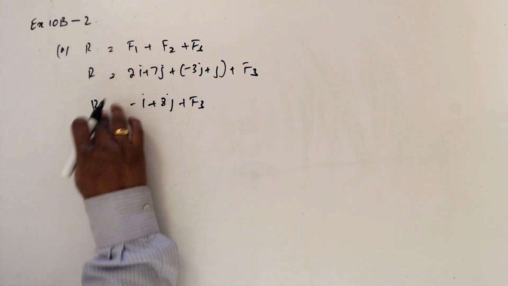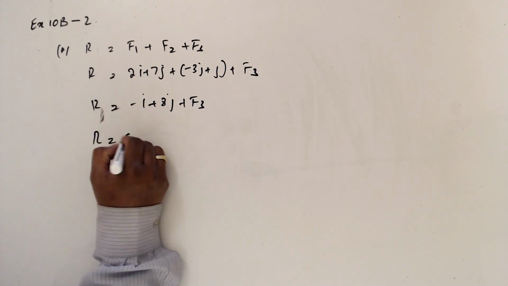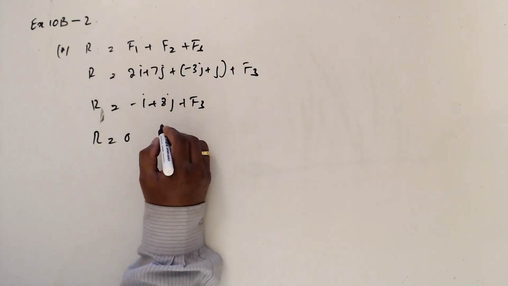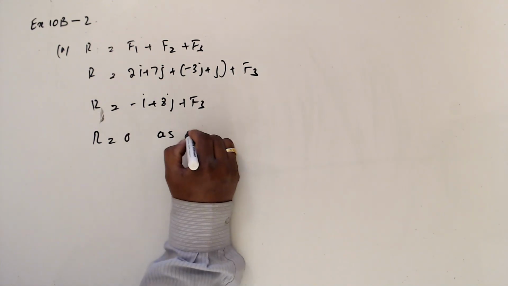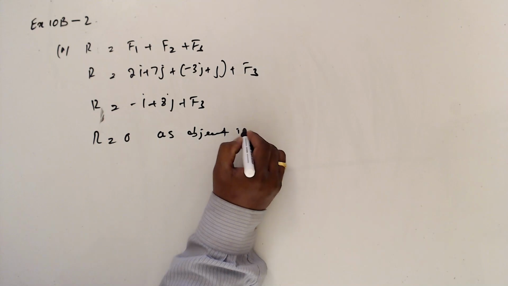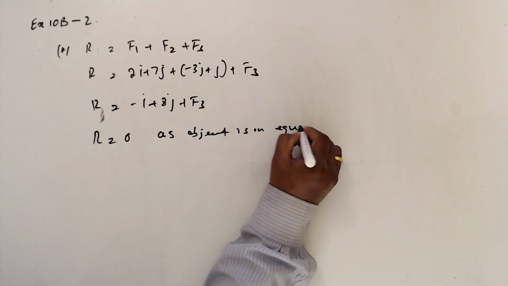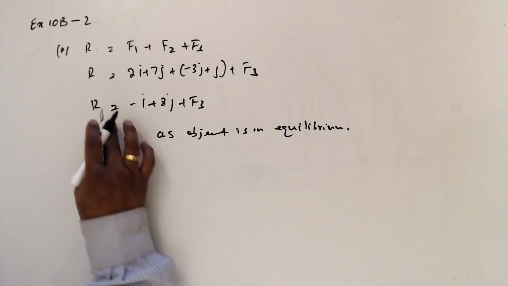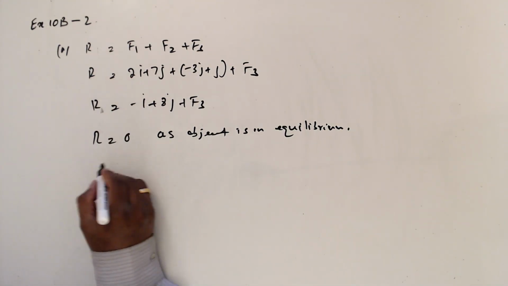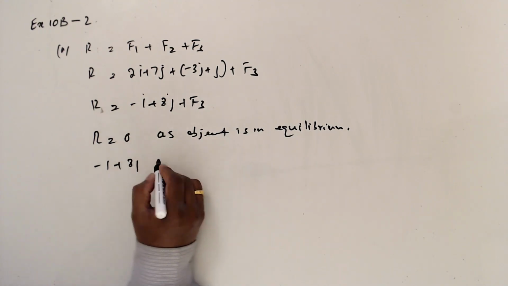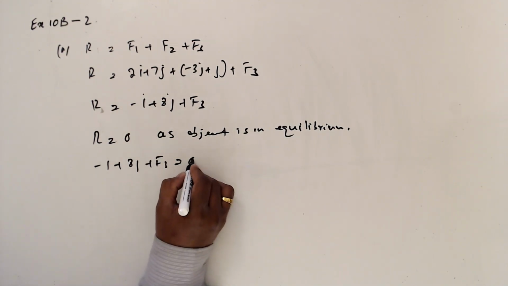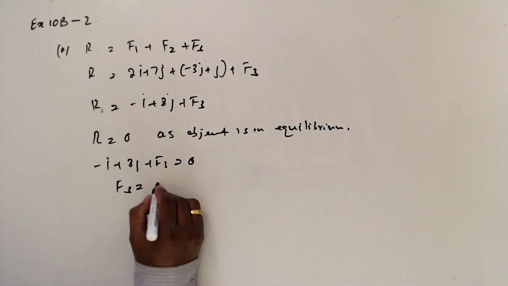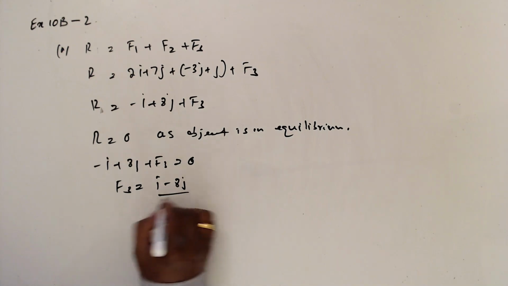R equals 0 because it's given that the object is in equilibrium. Hence minus i plus 8j plus F3 equals 0. F3 equals i minus 8j.